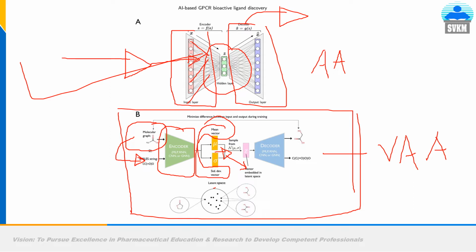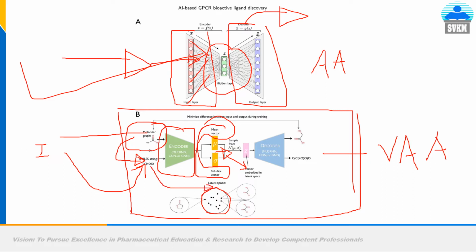So this is the latent space. Understand, it is very important. This is our input structure. We converted it into a SMILES string so that the machine can understand the meaning. It is a sequential way to represent the data in terms of molecular structure. The encoder will convert this SMILES string into latent space.